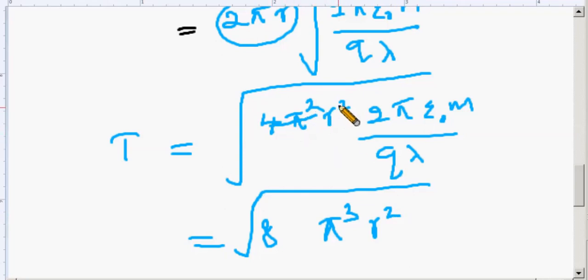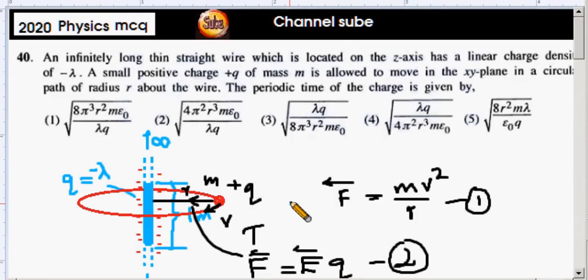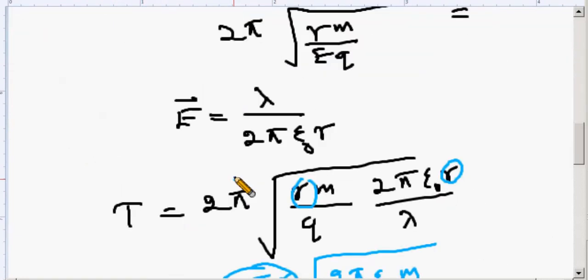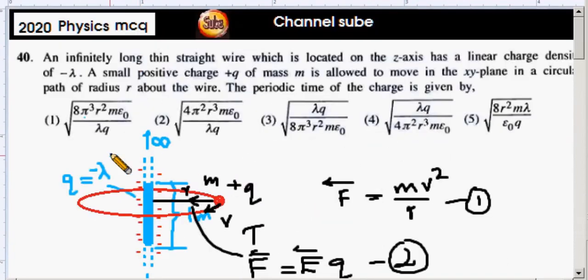Then epsilon naught m divided by q lambda, total root. So 8 pi cubed r squared m epsilon naught over q lambda. This one is the answer. The first one is the answer.